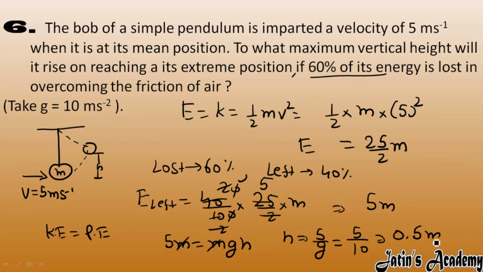It means that the simple pendulum to which we have given the velocity of 5 meter per second rises to a height of 0.5 meter at its extreme position, and here 60% energy is lost in overcoming the friction, only 40% energy is left. Clear?